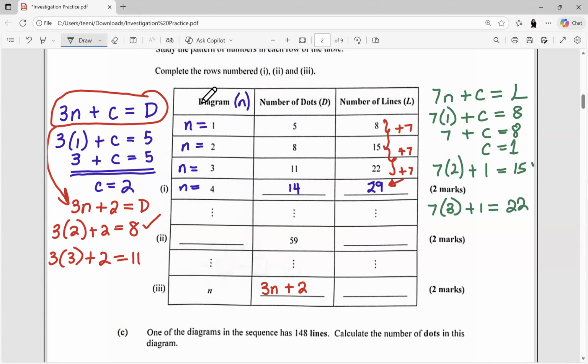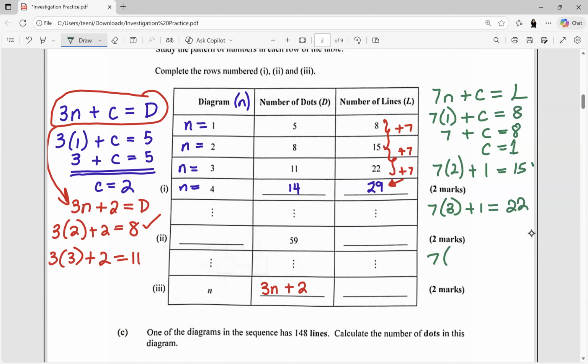So 7 times the diagram number 1 is 7 plus 1 gives me 8, which is the number of lines. 7 times 2, when the diagram number is 2, plus 1 gives me 15, which is the number of lines in the diagram. Zafi, what about when the diagram number is 5?